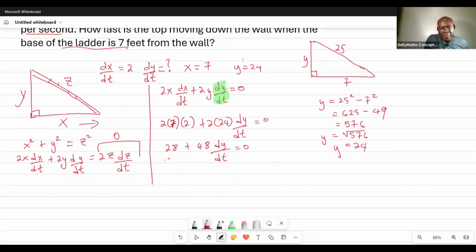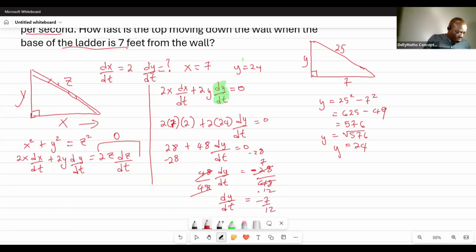I'm going to subtract 28 from both sides, so I have 48 dy/dt equals negative 28. Then I'm going to divide both sides by 48. So dy/dt is equal to, dividing by 4, we get a 7 there and a 12, so we have negative 7/12.